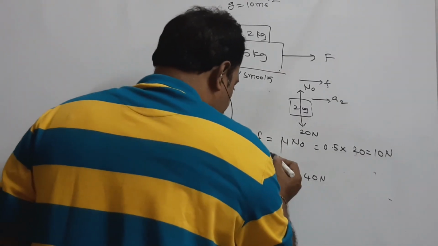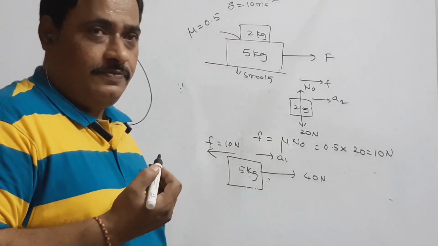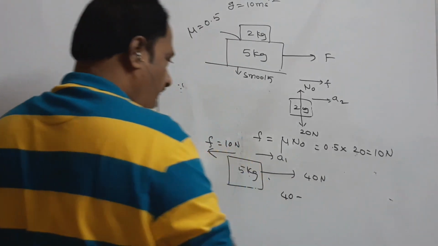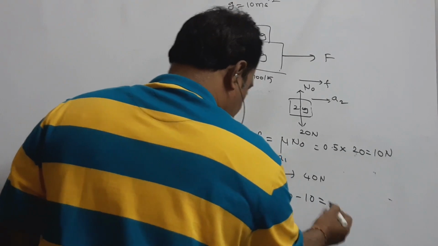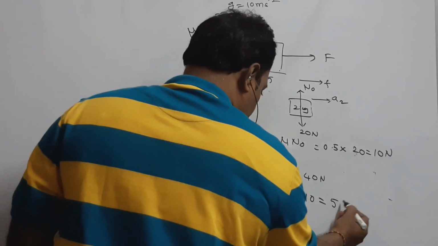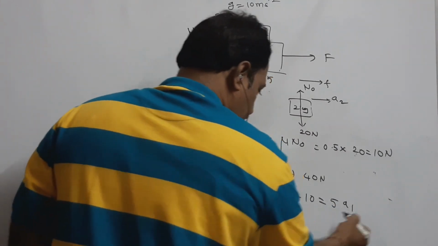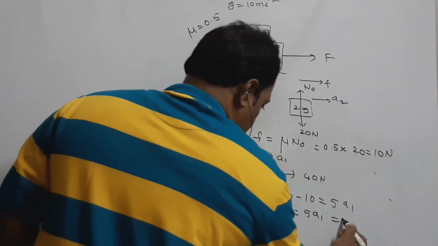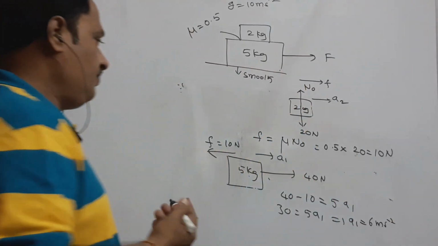Here, the acceleration of the 5 kg block, you can take A1. Therefore, 40 minus 10 is equal to 5 into A1. 30 equals 5A1, so A1 is equal to 6 meter per second square.